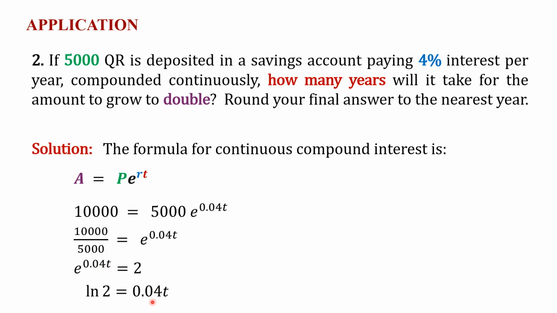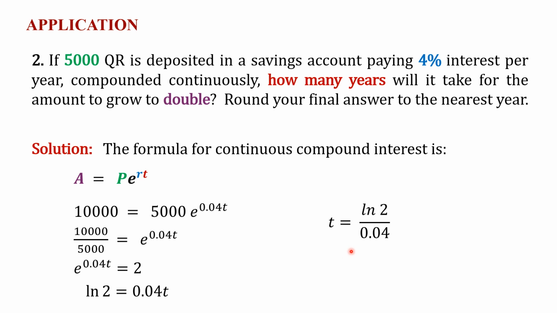And then to solve for t, if you cannot understand this part, try to write log of 2 to the base e is equal to this, and we know that log to the base e is ln. So now in this equation, if we are solving for t, you have to divide both sides by 0.04.